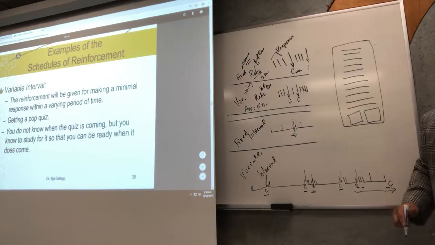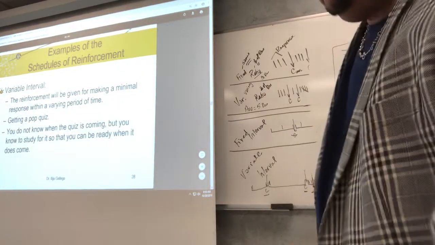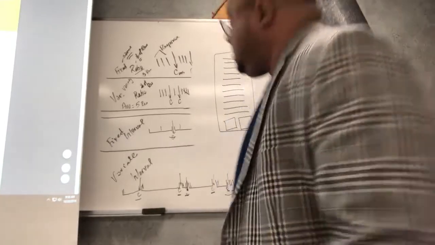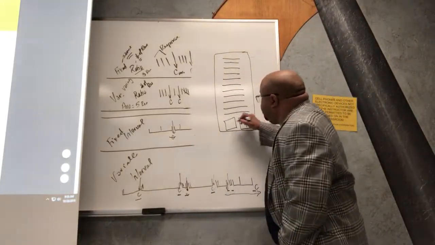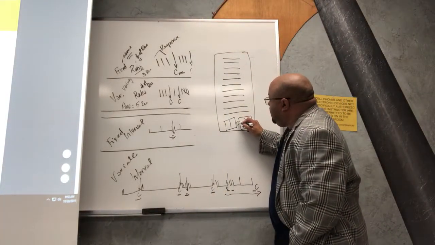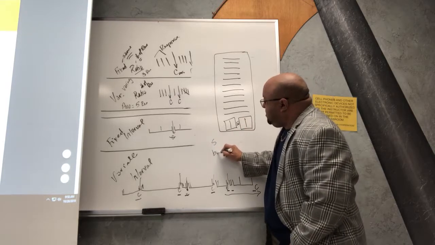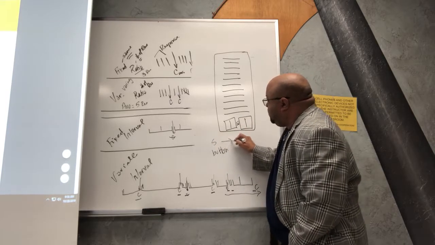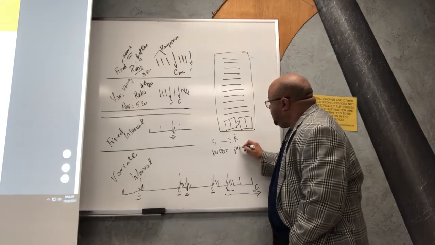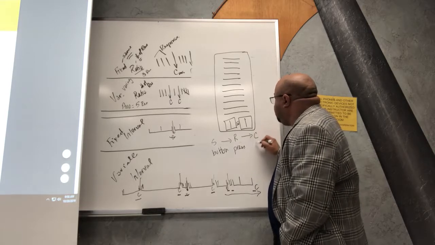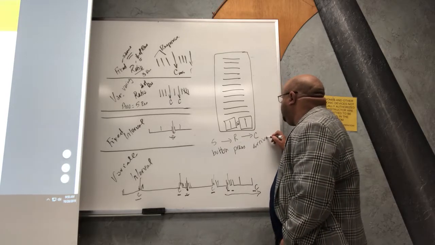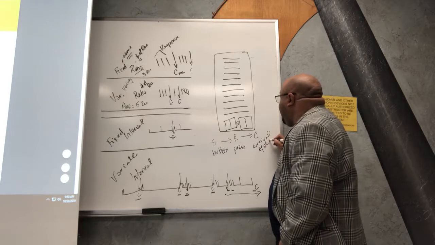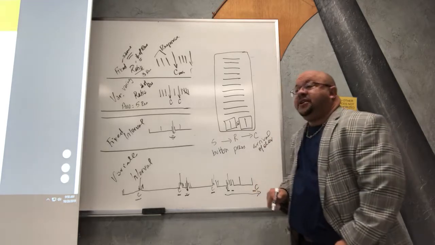So you've got 2 elevators. You've got a button. Stimulus is the button. Response is you press it. Consequence is the arrival of the elevator. So you want an elevator, and that's how you're going to get it.